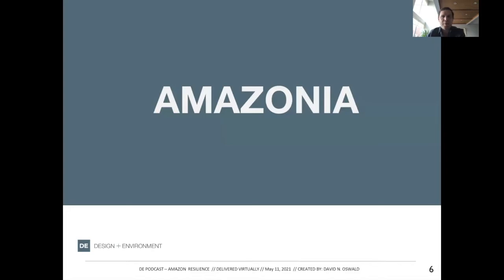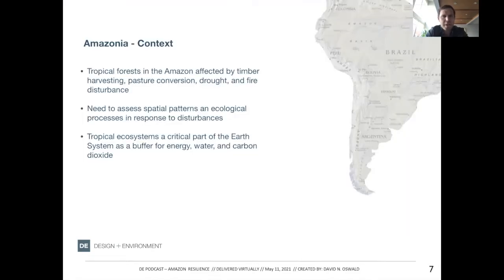Okay, first, Amazonia. So the context. When we talk about the Amazon, has anybody been to the Amazon before, or any parts of the Amazon? Maybe people from South America, if there's anybody on the line. The Amazon is a big, big, big area.